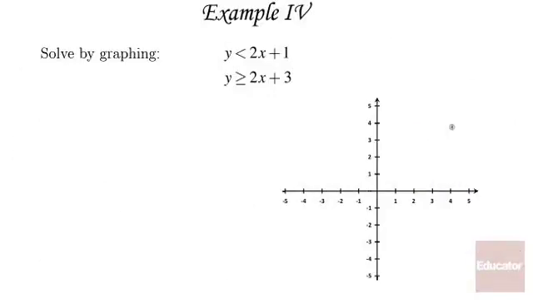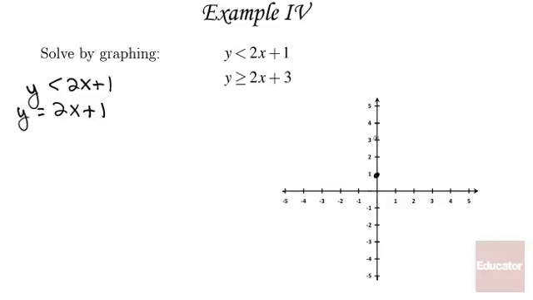Okay, example 4. Y is less than 2x plus 1. Y is greater than or equal to 2x plus 3. Starting out with the first inequality, y is less than 2x plus 1. Finding my boundary line, the corresponding linear equation, y equals 2x plus 1. Here, the y-intercept is 1. The slope is 2.